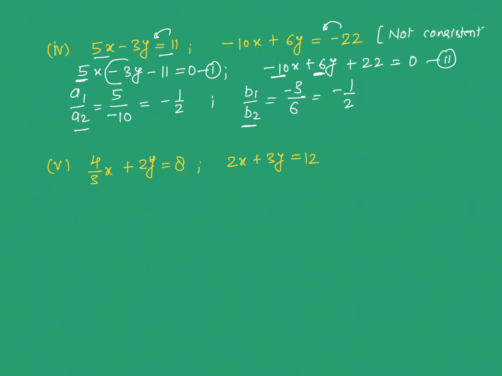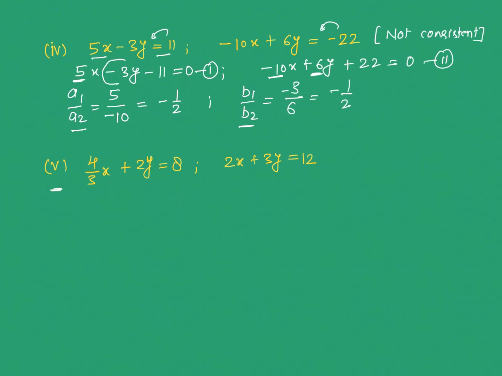right? Now let's attempt the fifth question. So the same approach, we'll take the LCM. So for LCM, we can simplify this equation plus 2y, and 2y can be written as 2 upon 1y. And when you take this number 8 on the left side, it will become minus 8 equals 0, and minus 8 can be written as 8 upon 1.